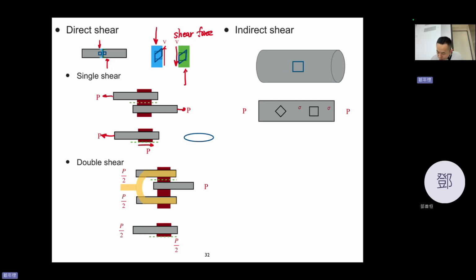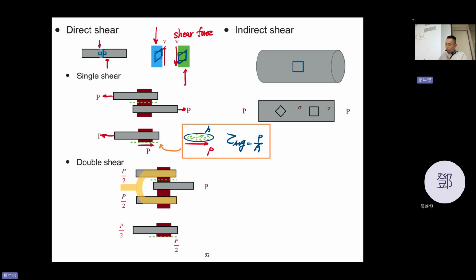This green area is A, and you have a P here, so tau average equals P divided by A. That's the situation going on here.